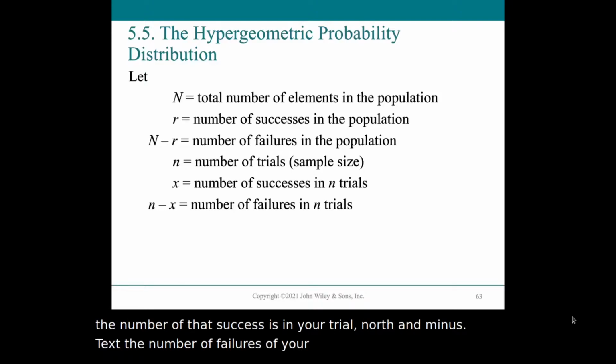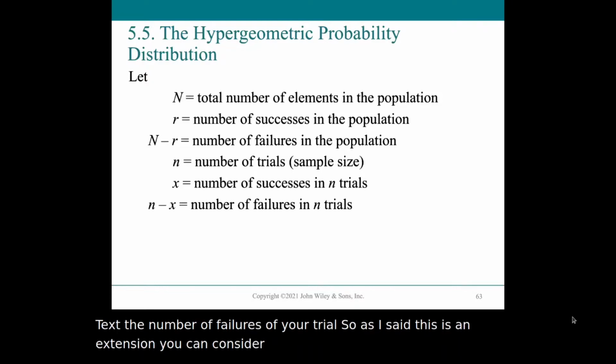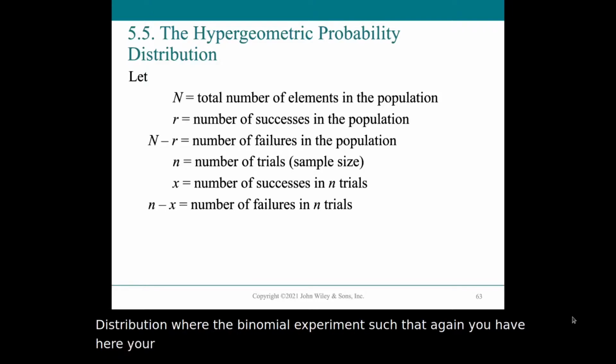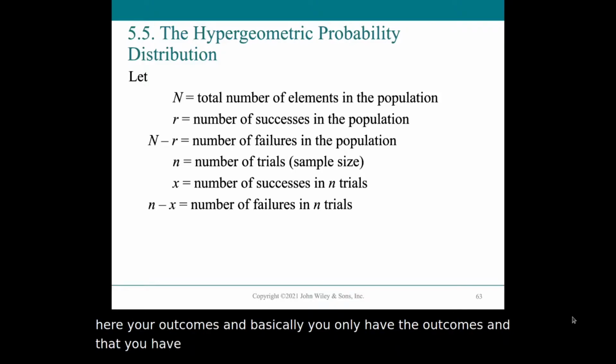So as I said, you can consider it as the extension of your binomial distribution or the binomial experiment, such that again you have your two outcomes, and basically you only have two outcomes, and that you have multiple, independent trials, and the probability must be consistent.